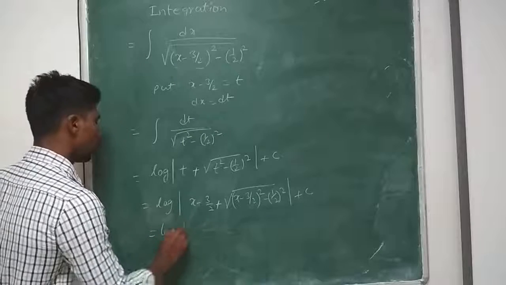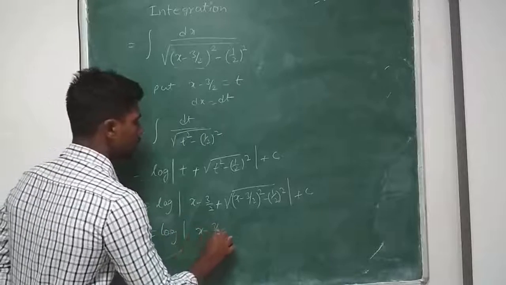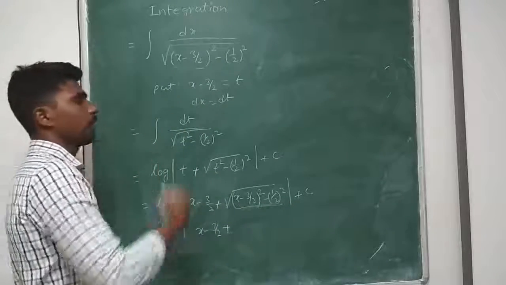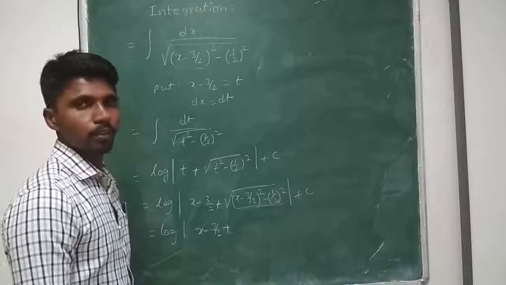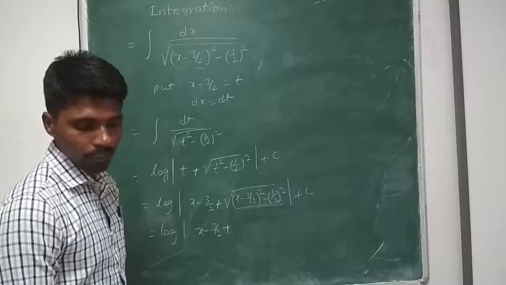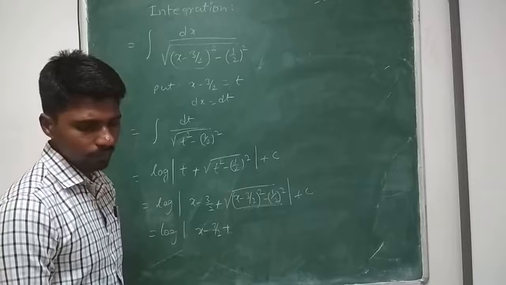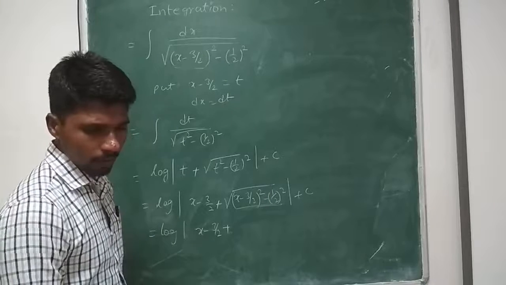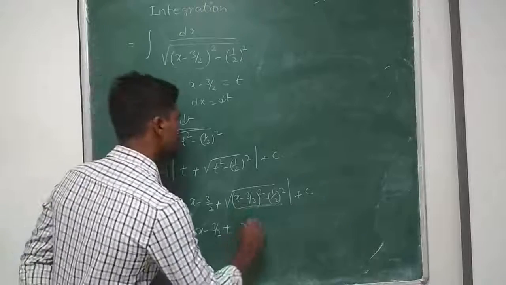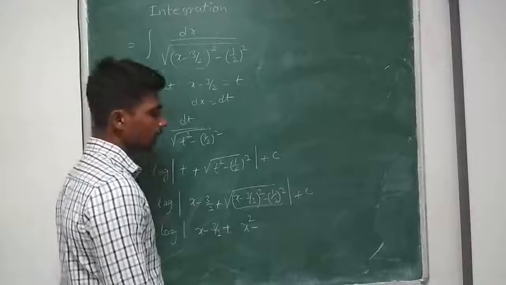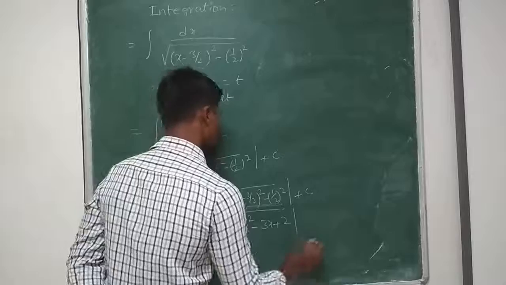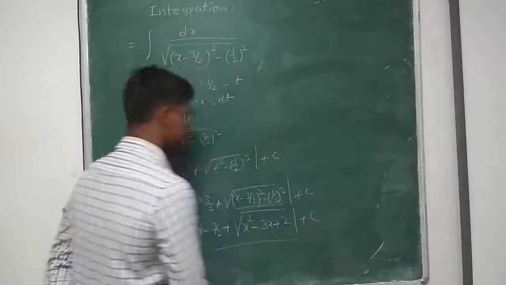So now log modulus of x minus 3 by 2 plus, this is nothing but the value which was simplified from the function, which is equal to (x minus 1) into (x minus 2), which is equal to x square minus 3x plus 2, under root, plus a constant c.